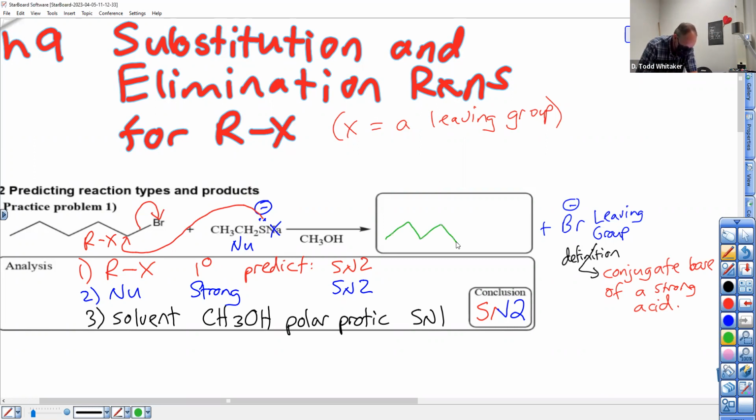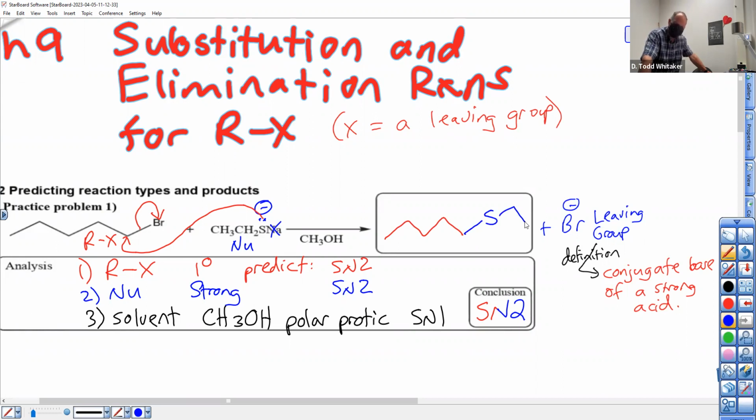The green was the carbons, and the nucleophile was in blue. Should have done the carbons in red. RX was red. New bond to sulfur in blue. Sulfur has an ethyl in it. There you go. And that's it.